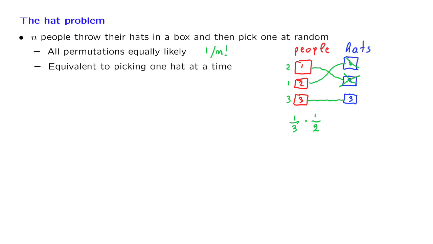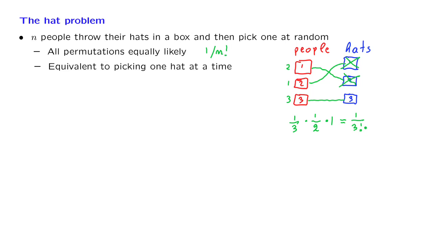And finally, person 3 has only 1 hat available, so it will be picked with probability 1. So the probability of this particular permutation is 1 over 3 factorial. But you can repeat this argument and consider any other permutation, and you will always be getting the same answer. Any particular permutation has the same probability, 1 over 3 factorial.